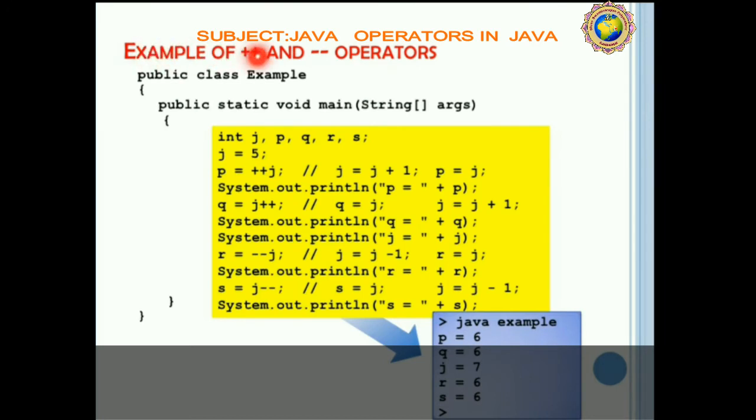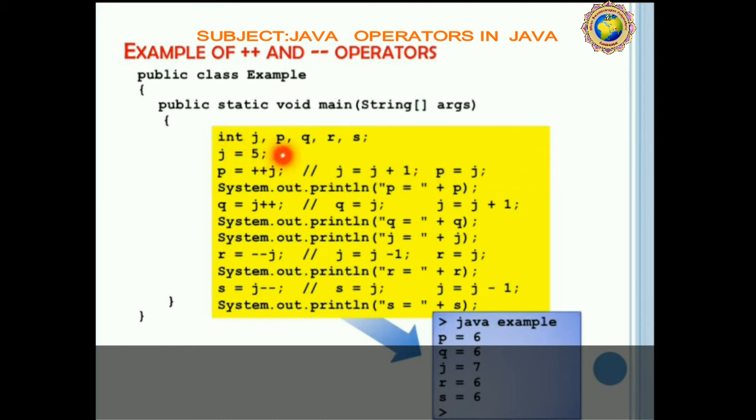Now the example of increment and decrement operator. We assign the variables j, p, q, r, s. j = 5, then p = ++j. So j = 5. Whenever you use a prefix ++j, first the value is incremented and then printed.